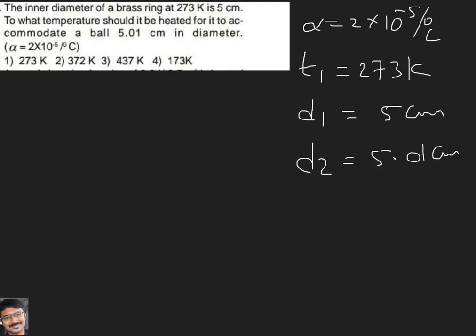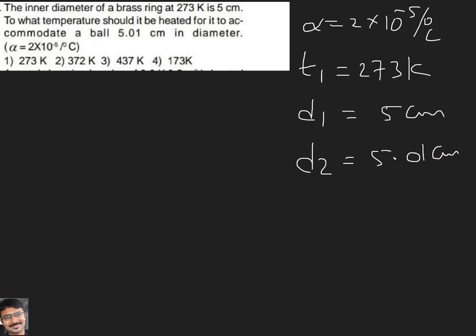If we increase the diameter to 5.01 centimeter, then we can accommodate that ball. Why 5.01 centimeter? Because the ball diameter is 5.01 centimeter, so we are increasing the ring diameter also to 5.01 centimeter.